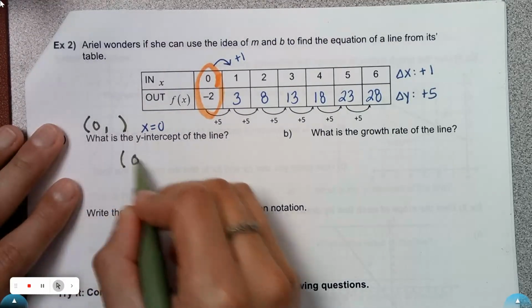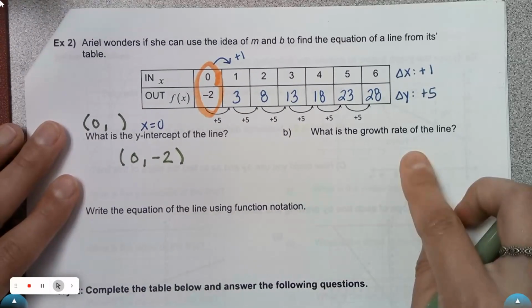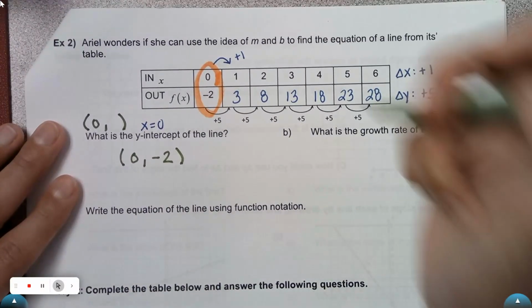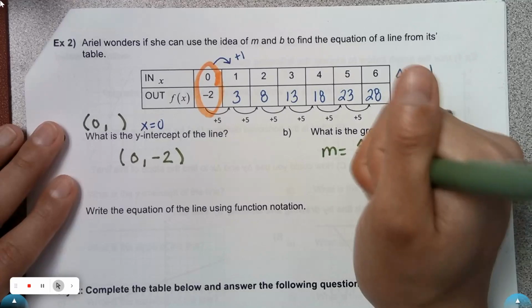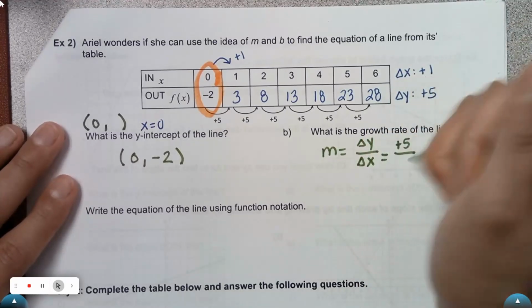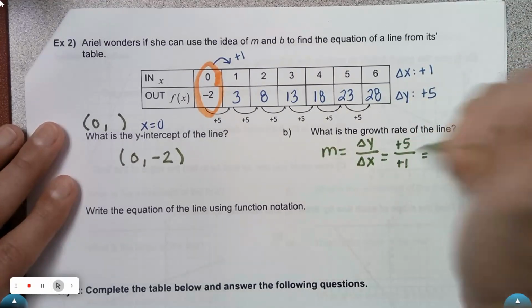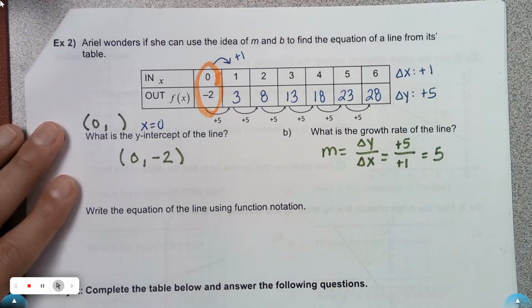So I'm going to write 0, negative 2. Remember, growth rate is just fancy for slope. Your slope is always y over x. My y here is plus 5. My x here is plus 1. If I put that in my calculator, 5 divided by 1, I get 5.